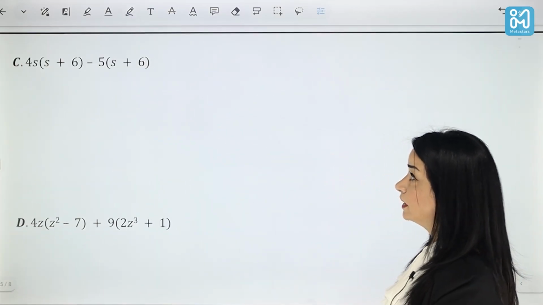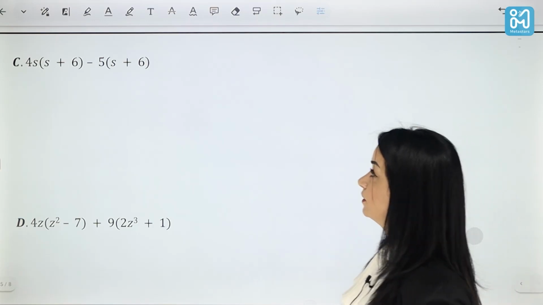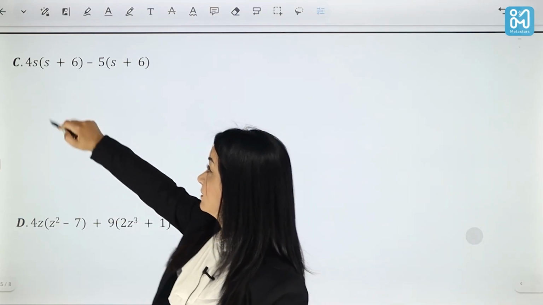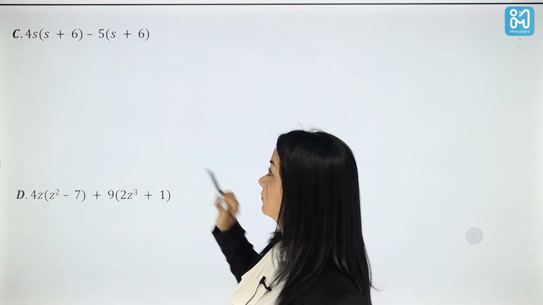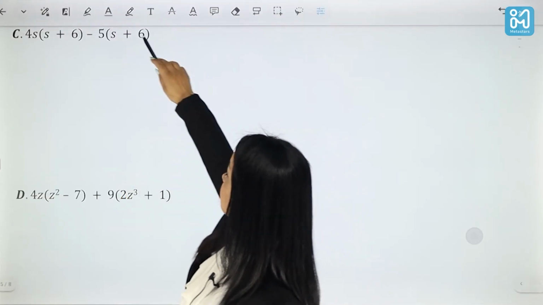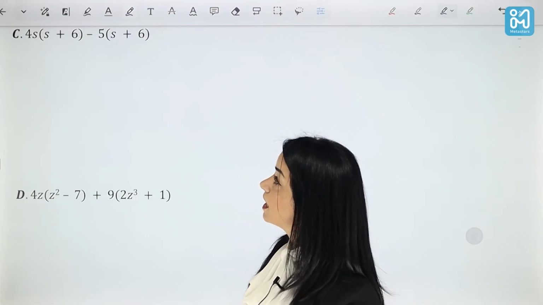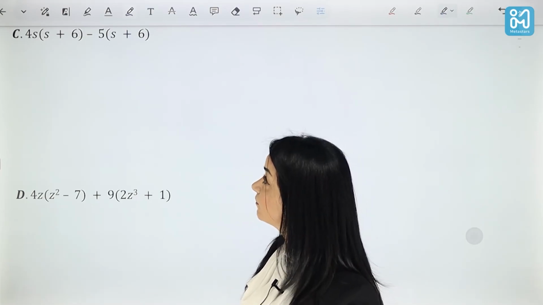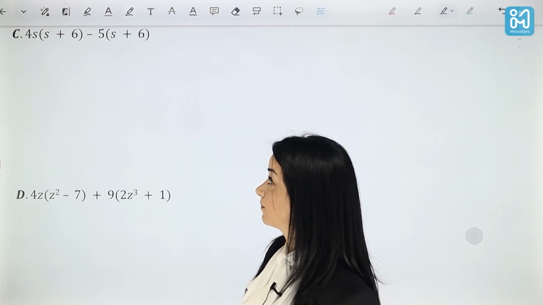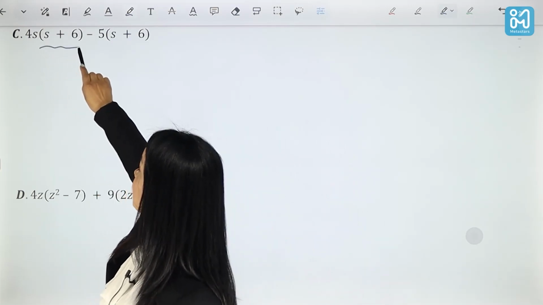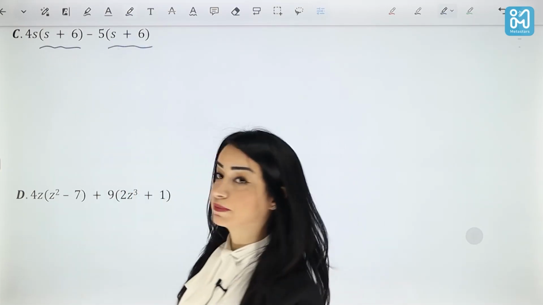Okay, let's do now here. 4s times s plus 6 minus 5 times s plus 6. So I have s plus 6 and I have s plus 6.